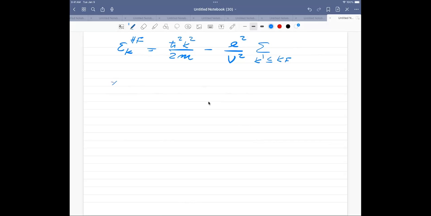And this is now multiplied with an integral over d of r. And I'm now setting in the plane waves here, e to the i of k minus k prime, and then multiplied with r. And then I have a new integral over d of r prime of e to the i of k minus k prime, and then I have an r prime here.